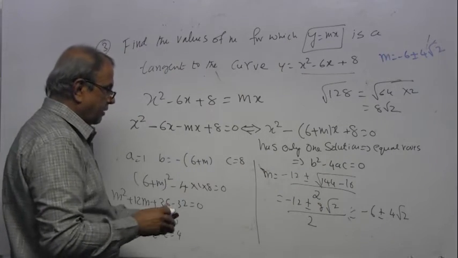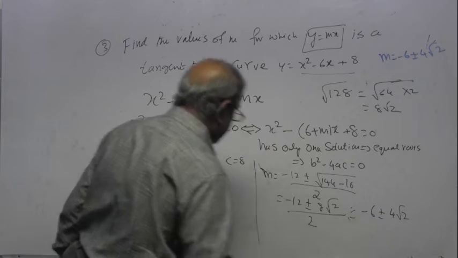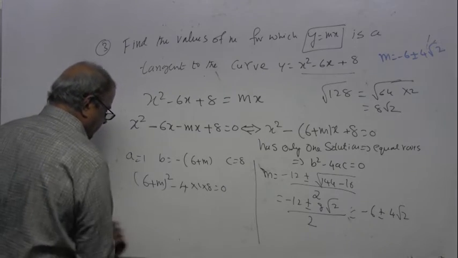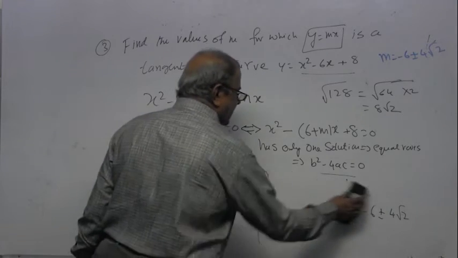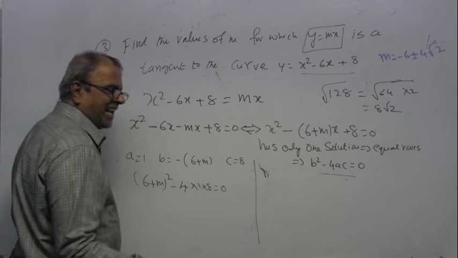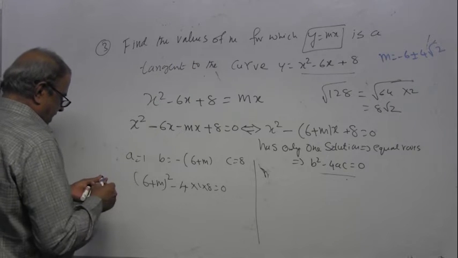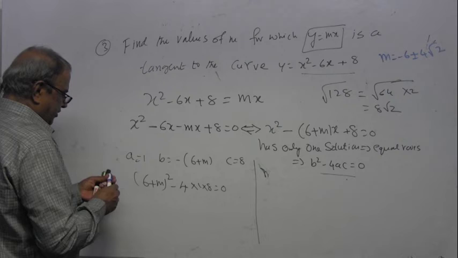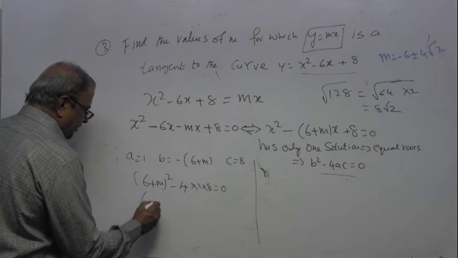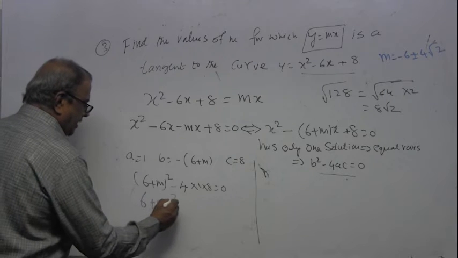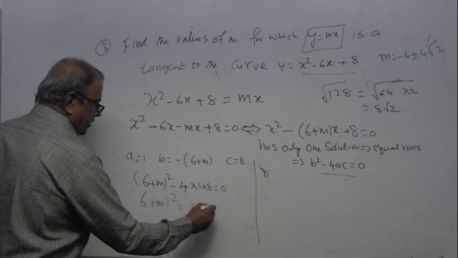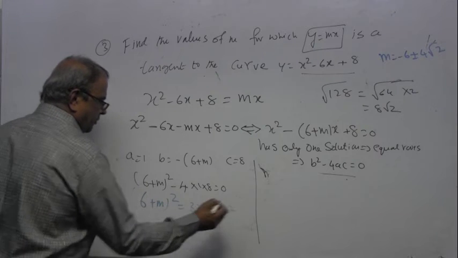Now, let me show you something interesting. At this stage, this is where at A level, you need to learn to think a bit. Look, instead of doing this, can I say, I'll use a different color so you understand, (6 plus m) whole squared equal to 32, which is 16 times 2.